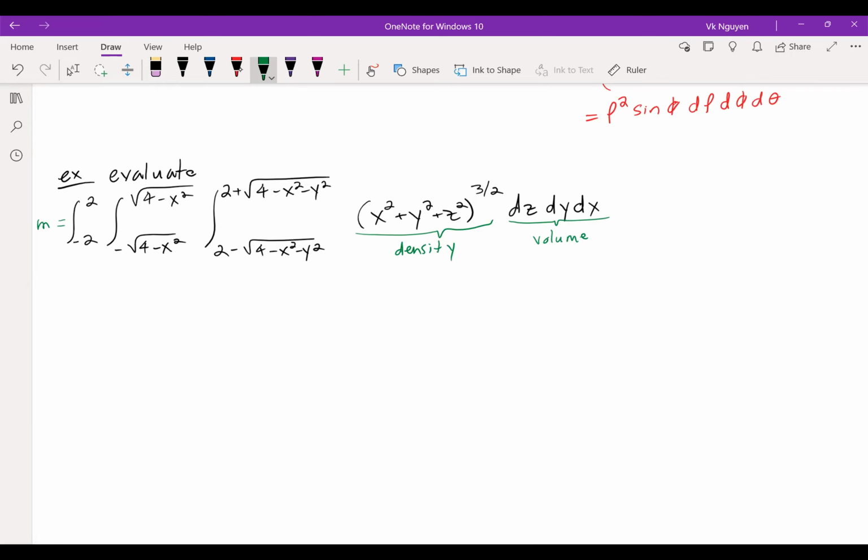And what is the object here? Let's take a look to see exactly what is the object.